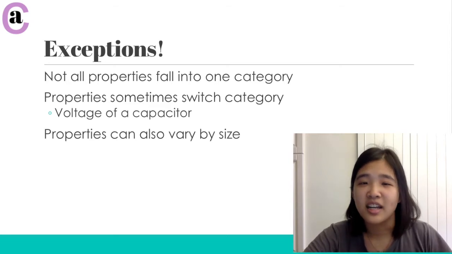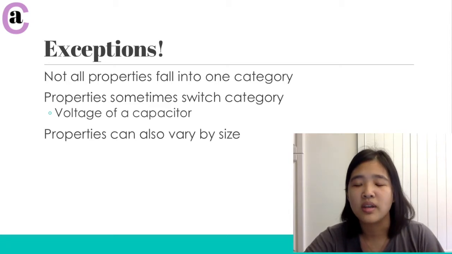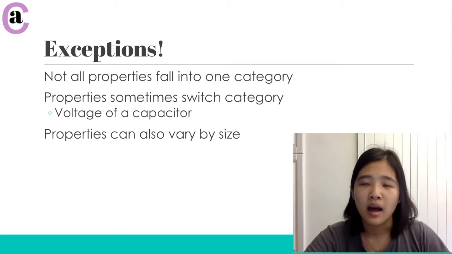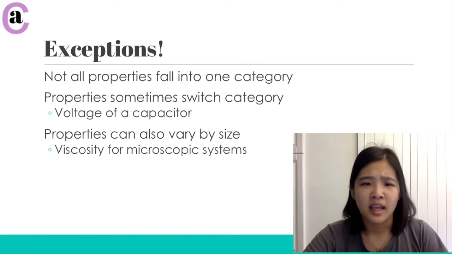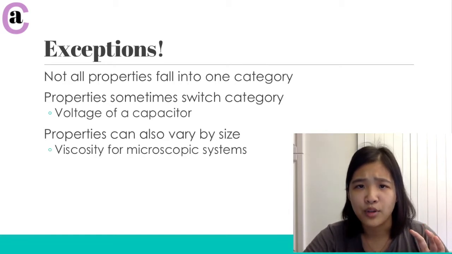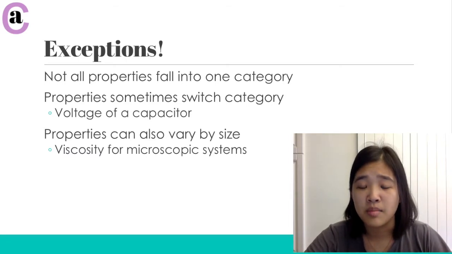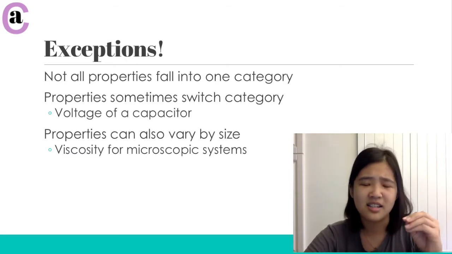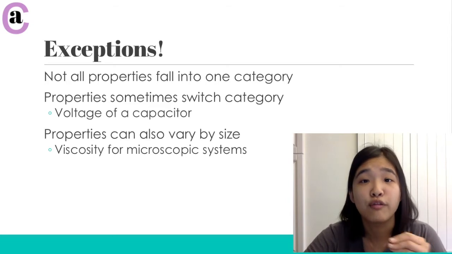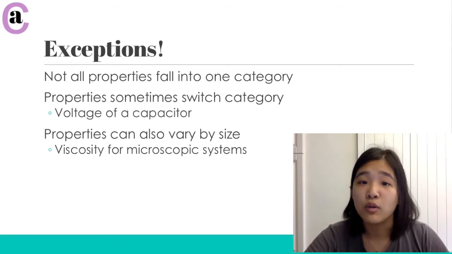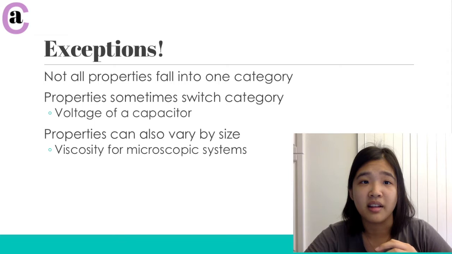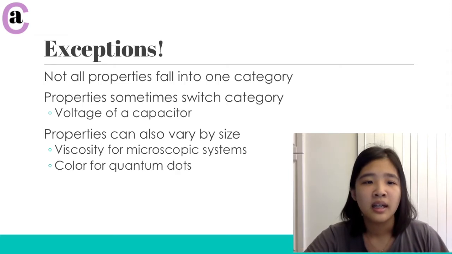And properties can also vary by size. This is another major way that you can get variance. Good examples are viscosity. Viscosity basically means the thickness or how well a liquid flows, and for microscopic systems, it can be completely different.